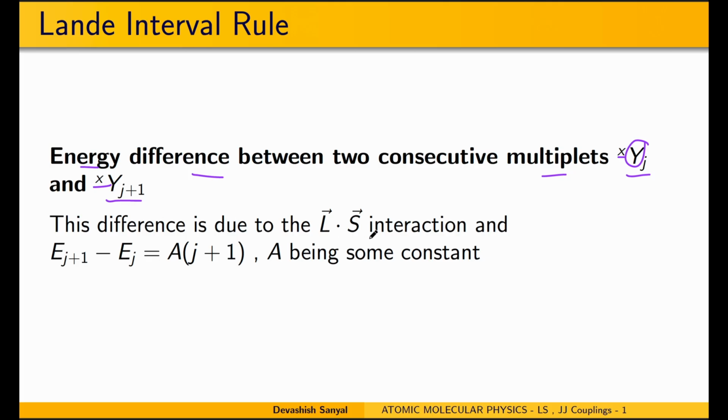This difference is due to LS coupling, because J and J plus 1 are different, while other things are the same. If you calculate it, then E(J plus 1) minus E(J) is A times (J plus 1), A being some constant. So this is the Landé interval rule.